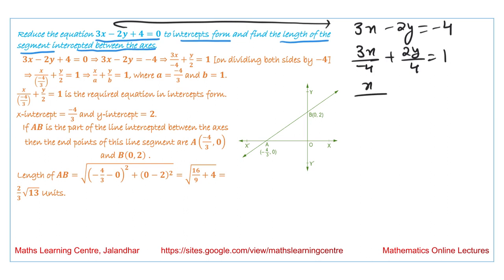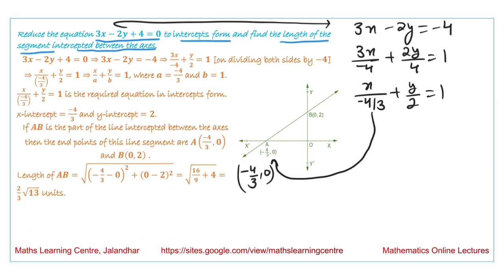This gives us x by minus 4 by 3 plus y by 2 is equal to 1. So the x intercept we obtain has the coordinates minus 4 by 3 comma 0. From this point we are saying the y intercept we have, this length, is 2. So the coordinates of this point are 0 comma 2.